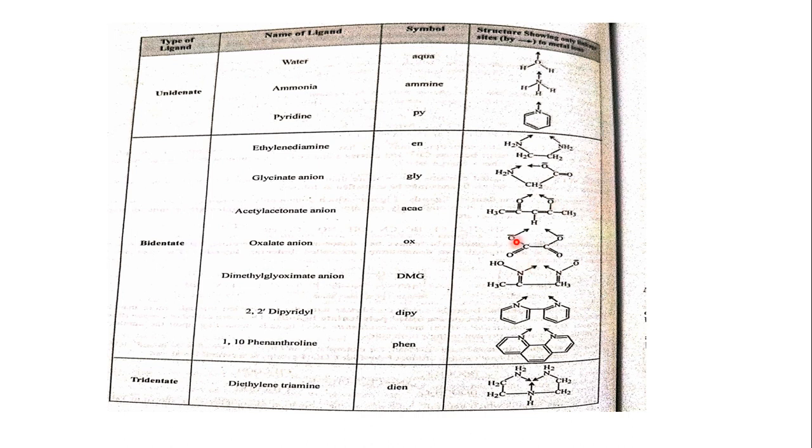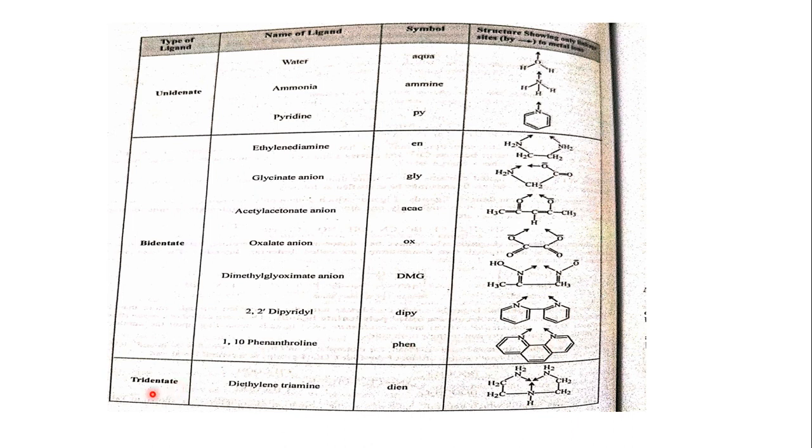Then in oxalate, you have two oxygens, shown by arrows here. Then in DMG, the two nitrogen centers are going to donate electrons. In 2,2 dipyridyl, you have two nitrogen centers, followed by 1,10 phenanthroline, you have two nitrogen donor atoms.